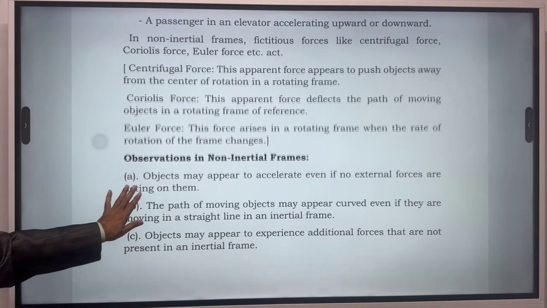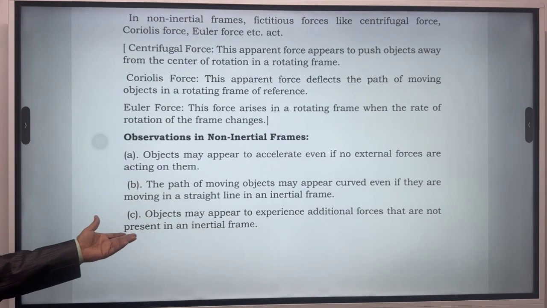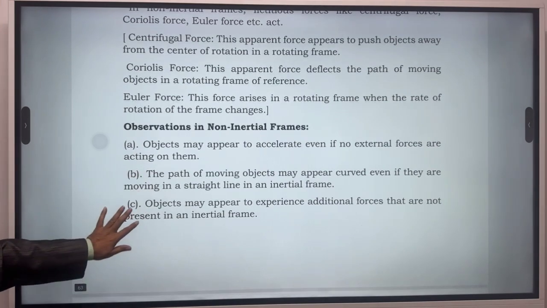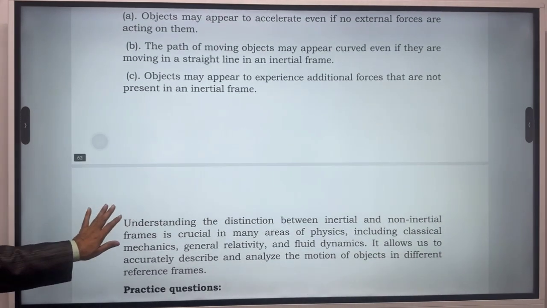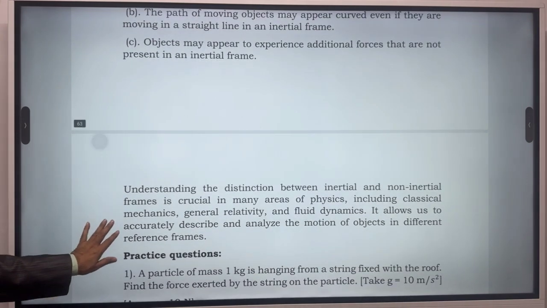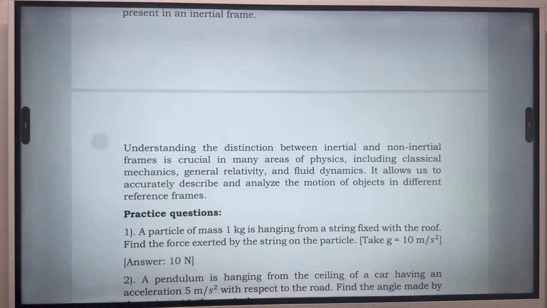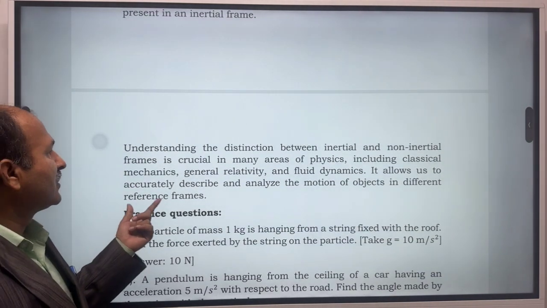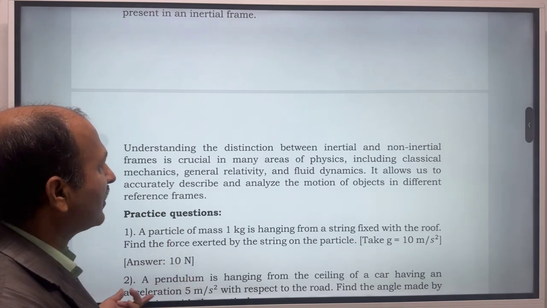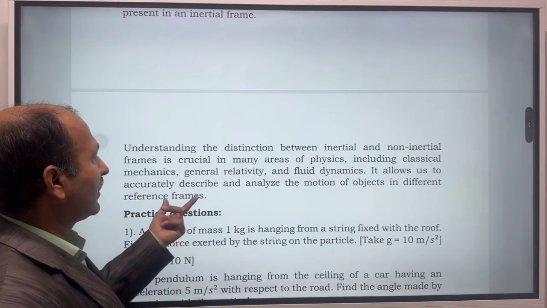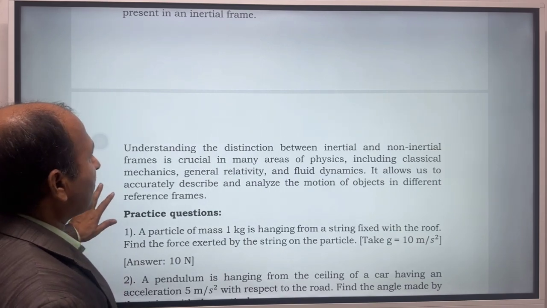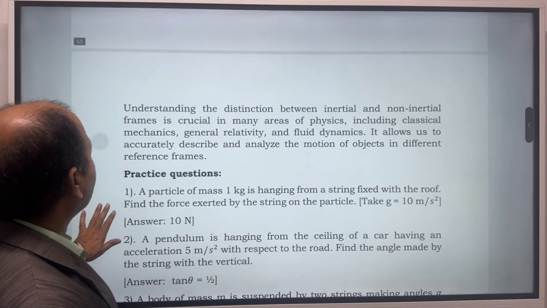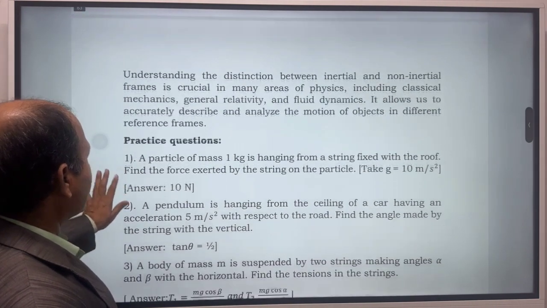The path of moving objects may appear curved even if they are moving in a straight line, and objects may appear to experience additional forces that are not present in the inertial frame. So understanding the distinction between inertial and non-inertial frames is crucial in many areas of physics, including classical mechanics, general relativity, and fluid dynamics. It allows us to accurately describe and analyze the motion of objects in different frames of reference.